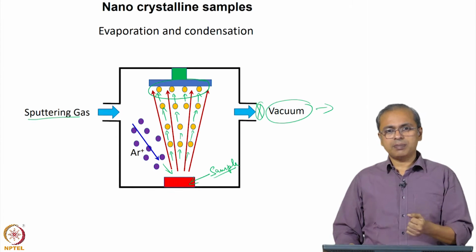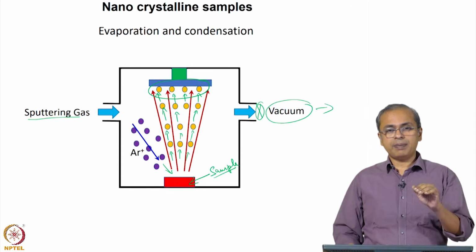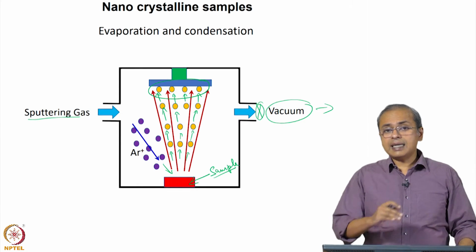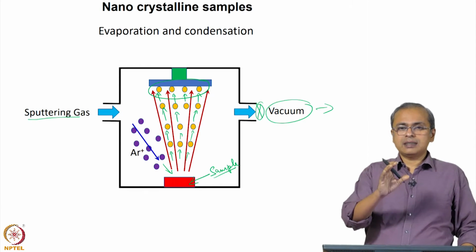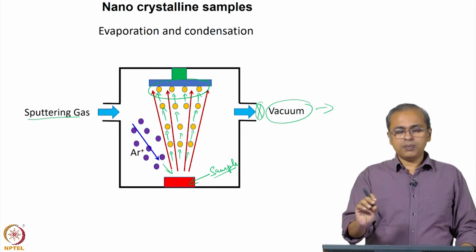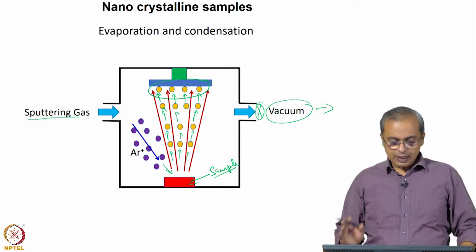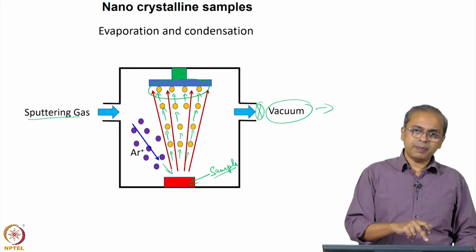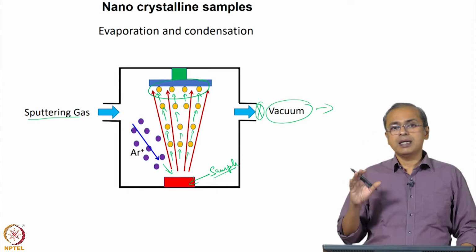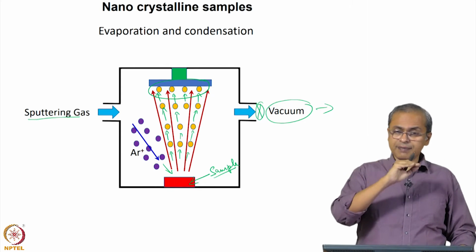Evaporation will happen almost immediately if you have material of the right kind of melting point and boiling point, it will evaporate out and it will condense. So, that experiment is of very short duration. Once you have reached the vacuum, you just raise the current, and in about 2 to 3 minutes your experiment is over. On the other hand, if you use the sputtering process or the E-beam evaporation, even after you reach the low vacuum, you have to continue; it is a very slow process.